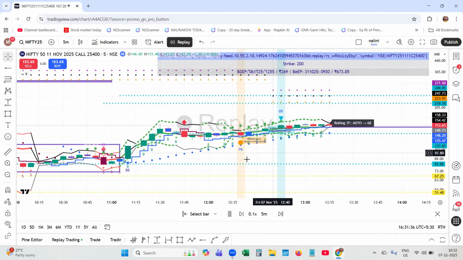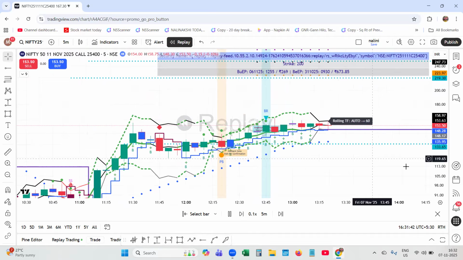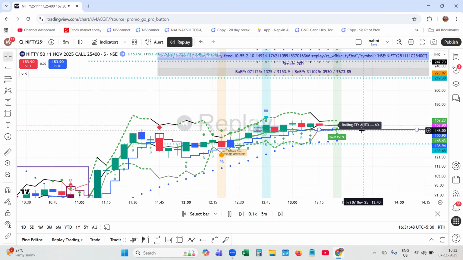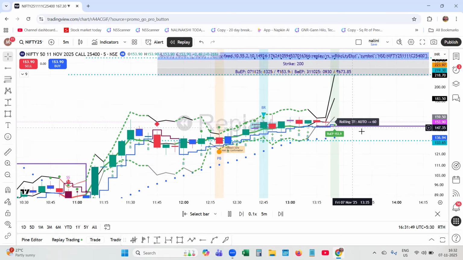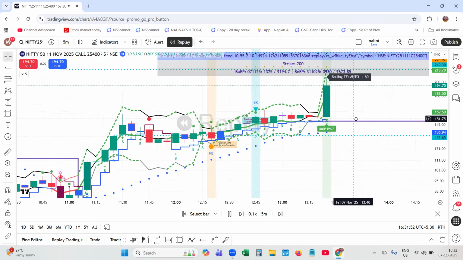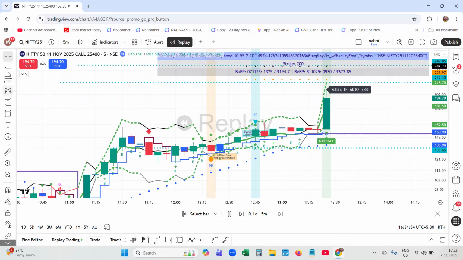The GannHiLo is telling there is no threat actually. One more balance line has been formed over here around 115. 115, one more balance line has formed, and see the pop-up.